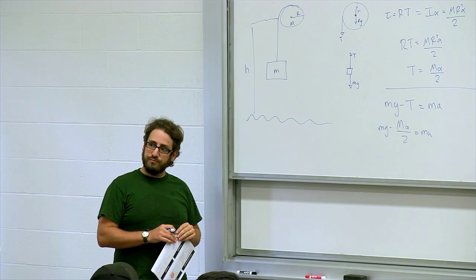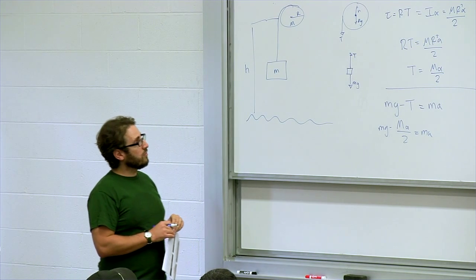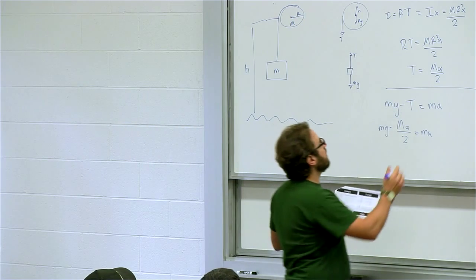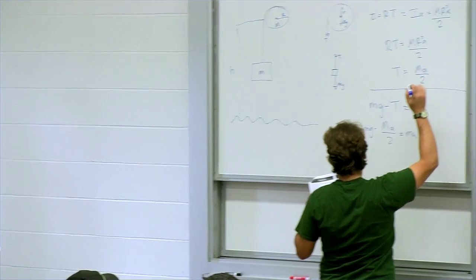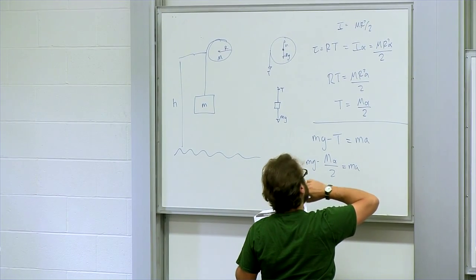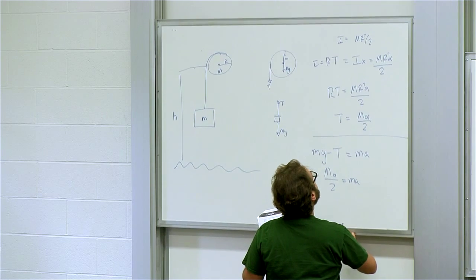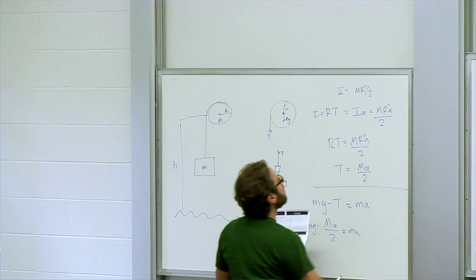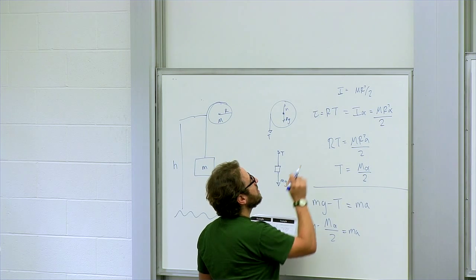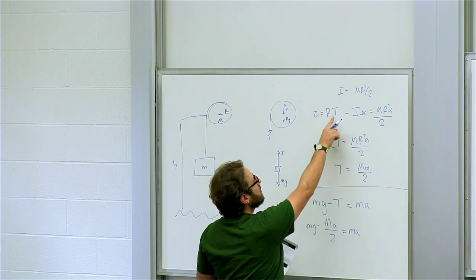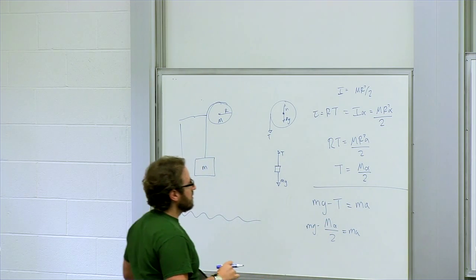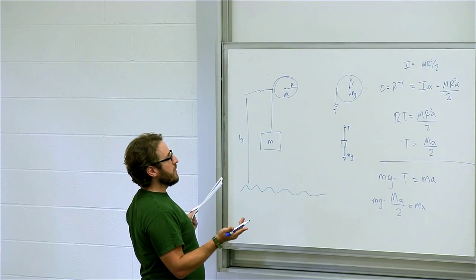Isn't the T supposed to be equal to m R alpha over 2, because it's R squared? Ah, yes. Thank you. I've dropped an R here. It's really hard to do algebra on the board here.